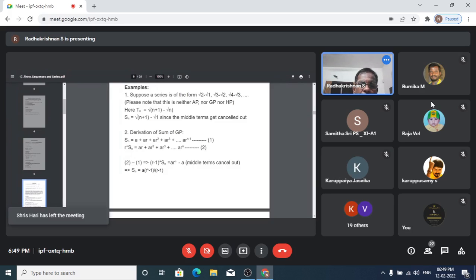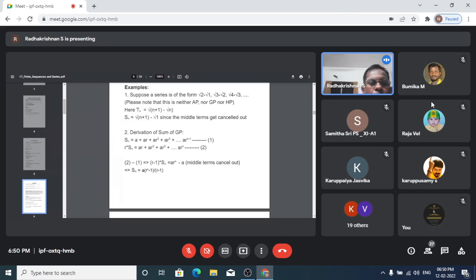Right? If you subtract one from the other, the middle terms will all get cancelled out. Taking 2 minus 1, it simply becomes (r minus 1) into Sn equals ar to the power of n minus a, because the middle terms get cancelled out. So this is the way we derive the formula for GP.